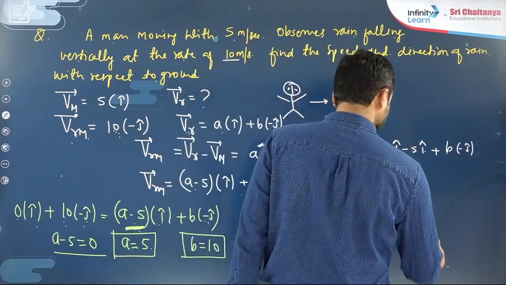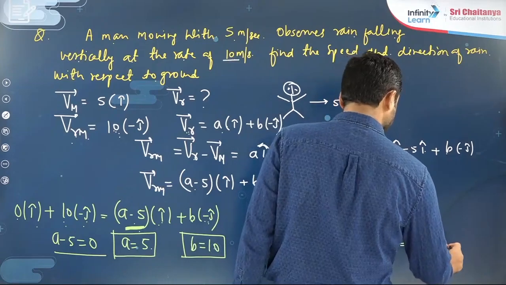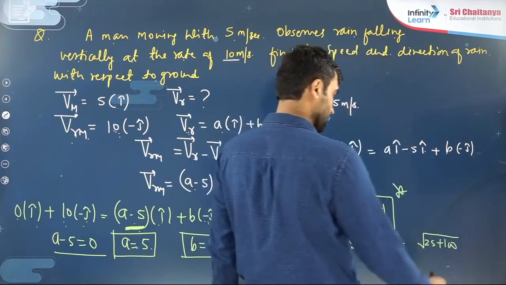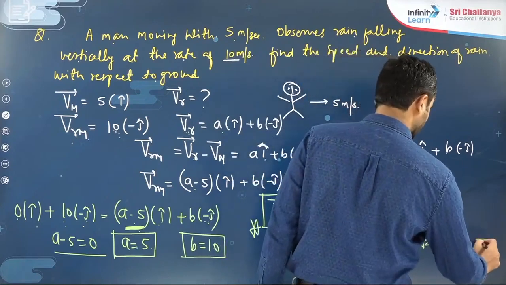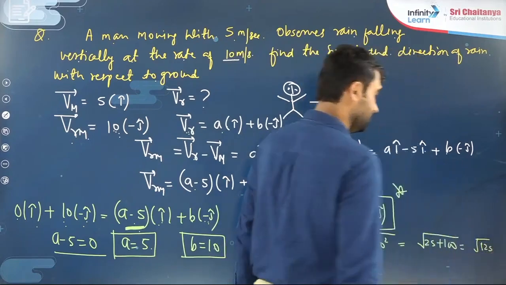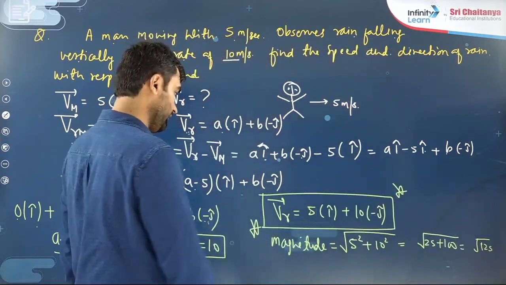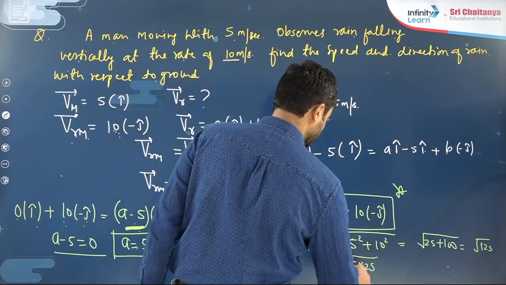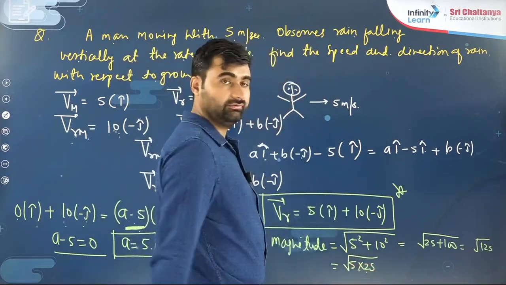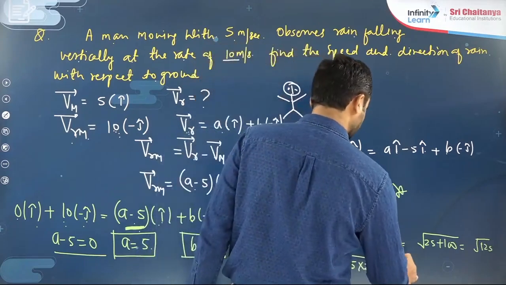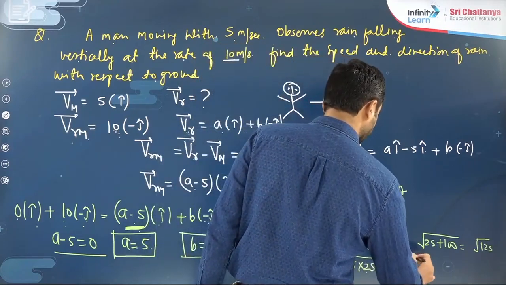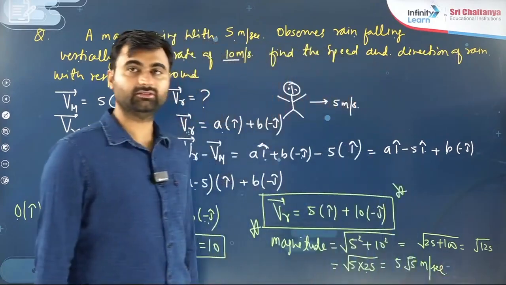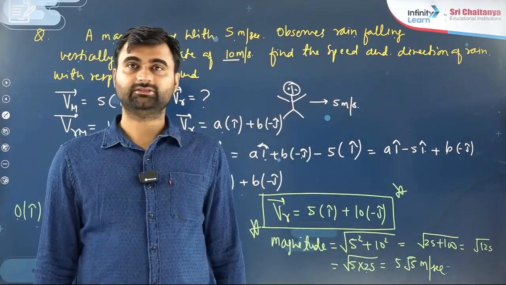It is 25 plus 100. Okay. So we can write it root over 125. 125 we can write 5 into 25. 25 root 5. So the final answer is 5 root 5 meter per second. This is our answer. Is it clear?